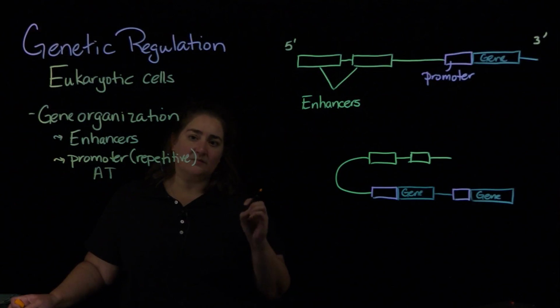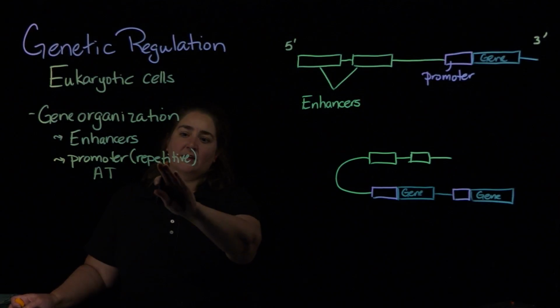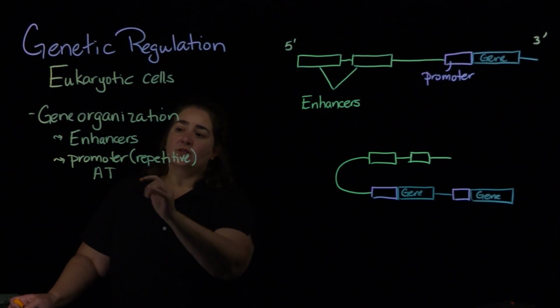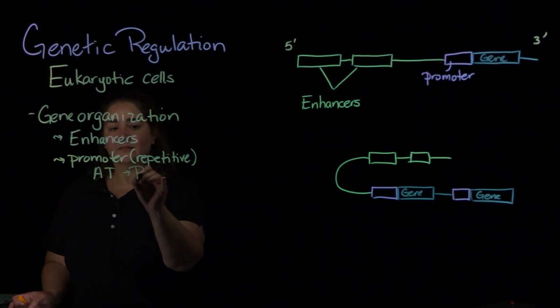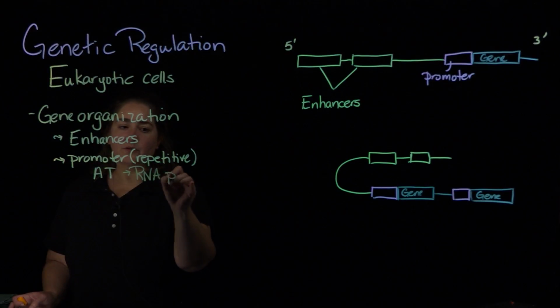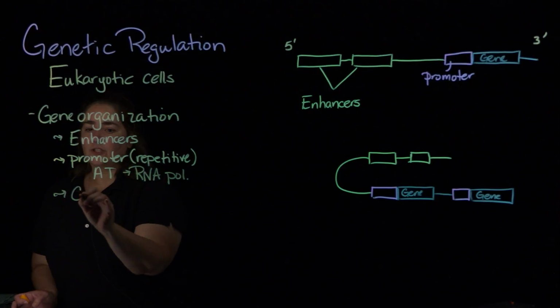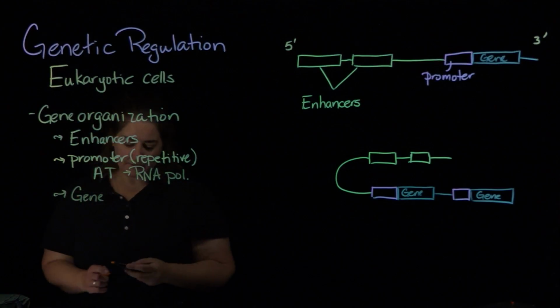But there are certainly some sequences that are unique which define what a promoter is. I'm not worried that you know those sequences. What I want you to know with the promoter, this is where RNA polymerase is going to bind, okay? And then we're going to have our gene, okay?